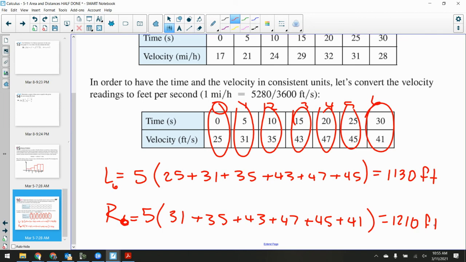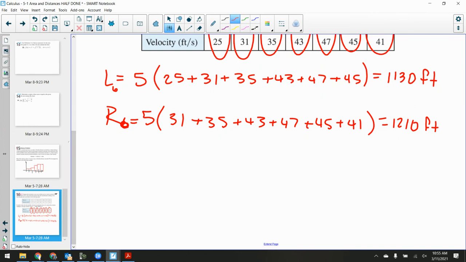So I know the true distance traveled is somewhere between those two things. The true distance is somewhere between 1130 and 1210. Okay. I found my lower boundary. I found my upper boundary.